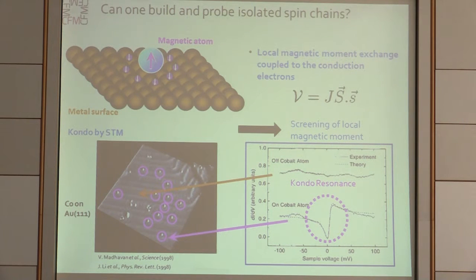And the main problem is then that the Kondo temperature, the characteristic energy scale of the problem, is usually quite large, and it can hide other energy scales related to magnetism.